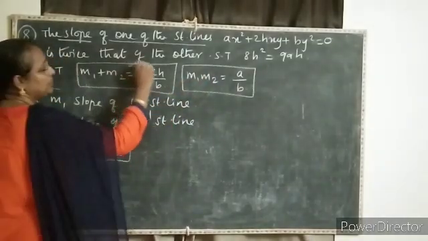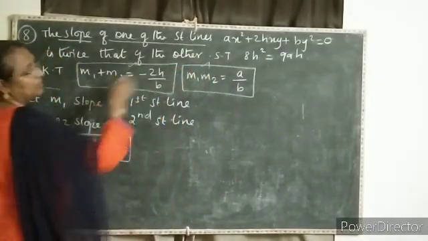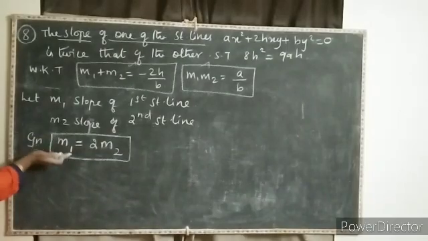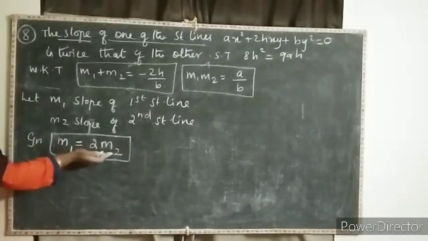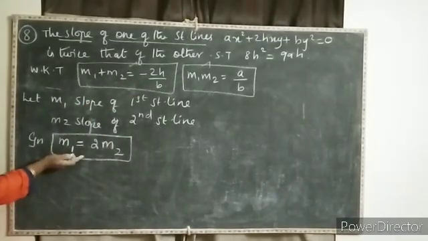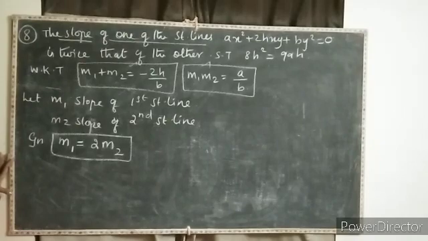So we are going to use these two concepts, along with m1 equal to 2 times m2, in order to prove the given result. Now let's see how we are going to prove it.